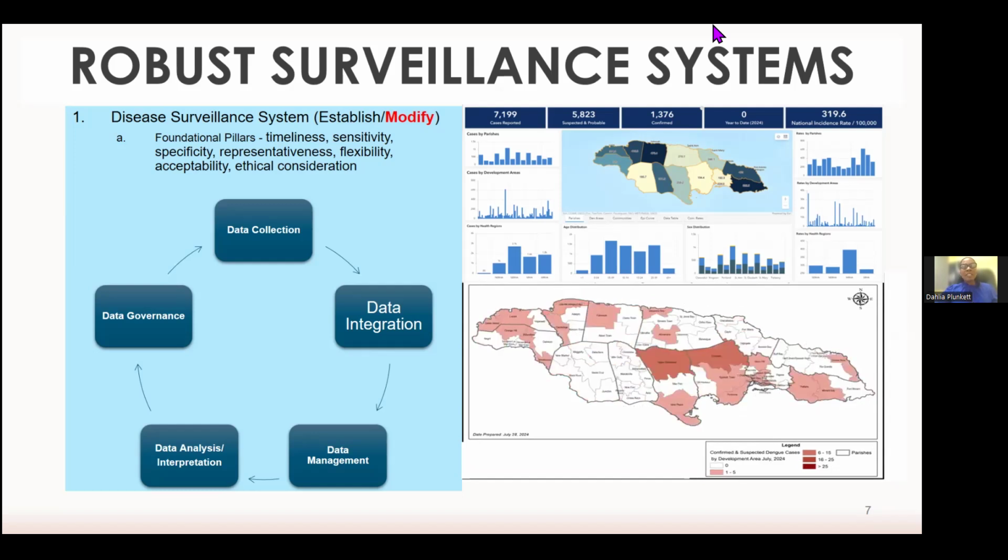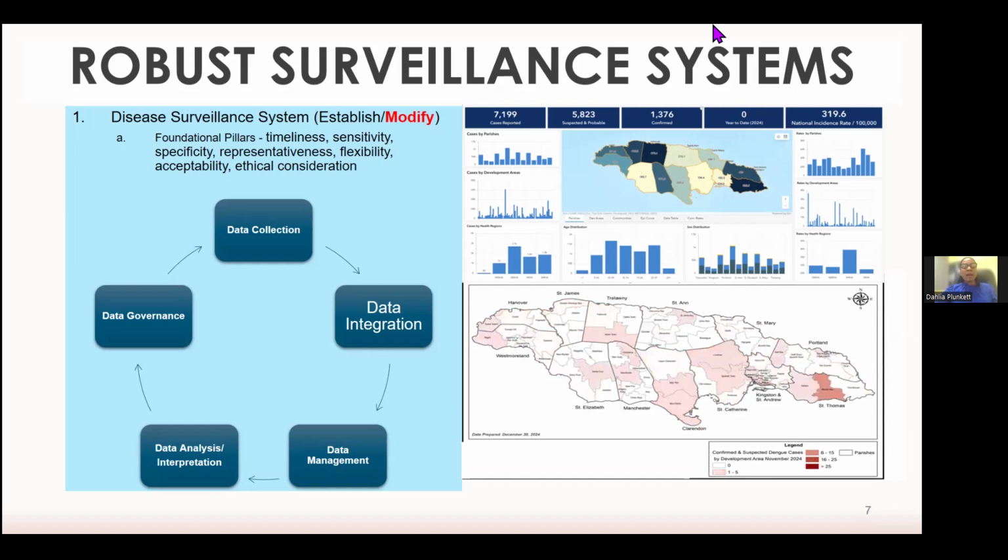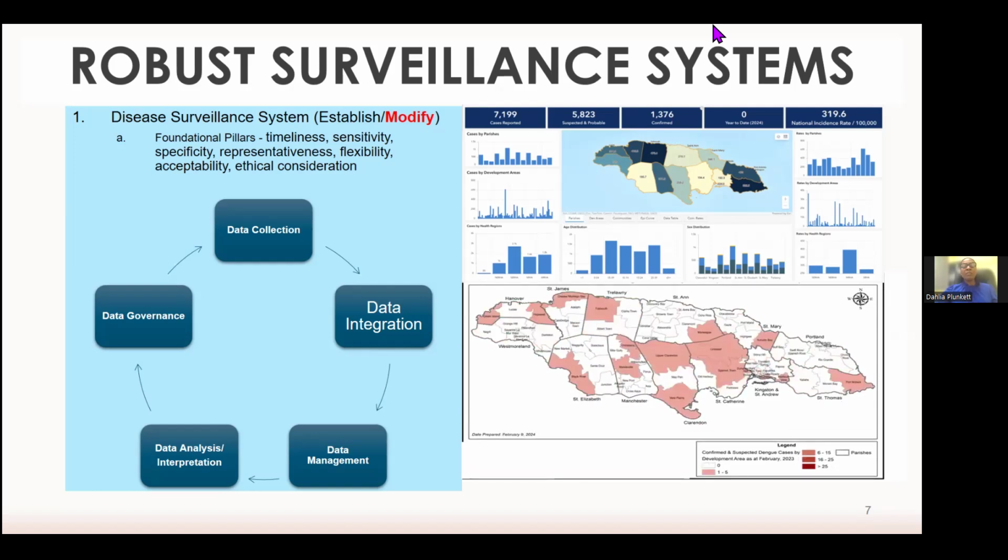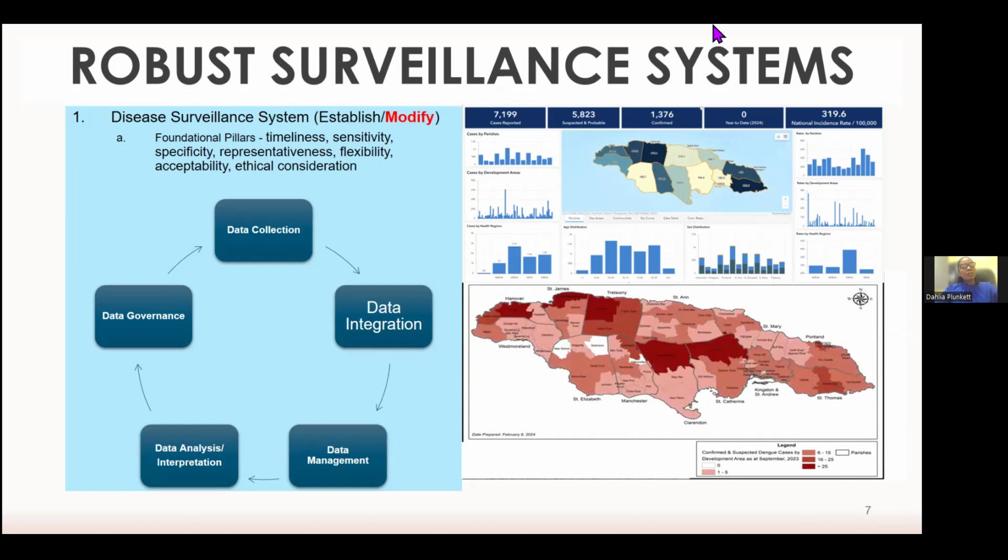And of course, managing that data, doing our validations, ensuring that what we are collecting is what we really need to collect, and being able to analyze that data and interpret it. One of the things I like to say is converting our data into useful information, because it's not just submitting raw data, but it should be useful.